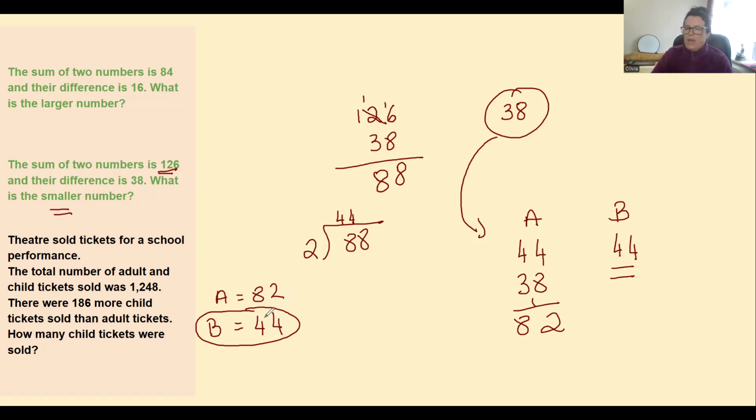So with questions like these, you take the number, you take away the difference, you divide by 2, and you add back on the difference. Let's have a look at the next question.